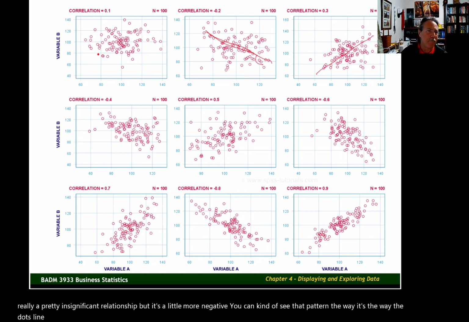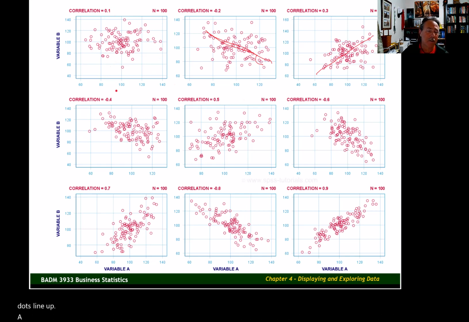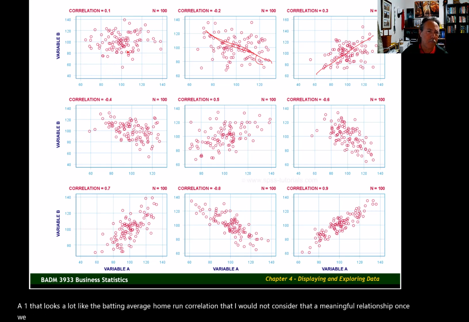A 0.1, that looks a lot like the batting average home run correlation. I would not consider that a meaningful relationship once we get to this level at 0.1. And then we have negative 0.4, and notice as the absolute values increase, the patterns tighten up a little bit.